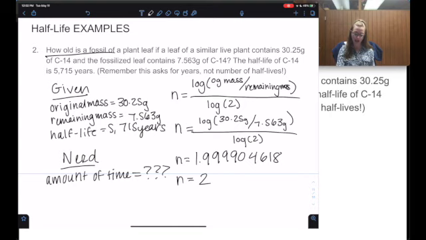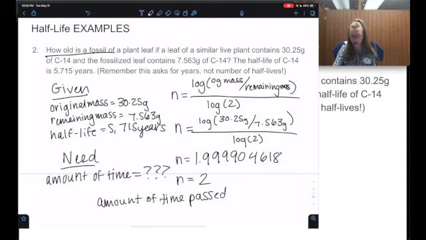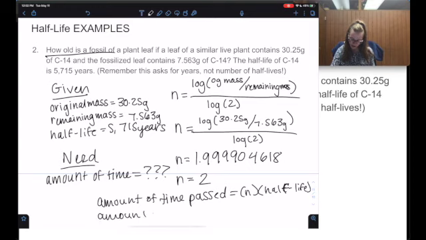Okay, so we're going to use our N equals 2, and we know that the amount of time that has passed equals that number of half-lives times the half-life value. So here we would say that the amount of time equals 2 times our half-life, which is 5,715 years.